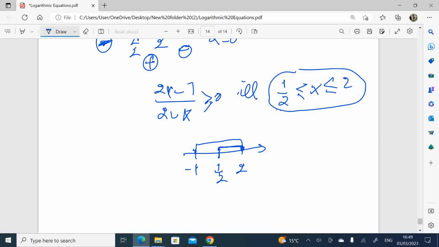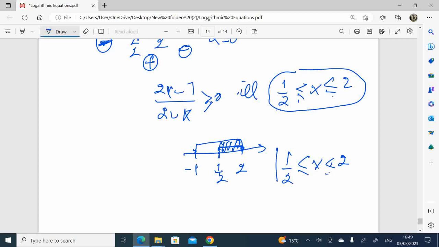I need both conditions to be satisfied at the same time. It means I need the common area between the two solutions. Hence, our solution should be x between 1/2 and 2. In the first condition, 2 is not included, while in the second condition, 2 is included, so the common one won't include it. But for 1/2, we have or-equal.